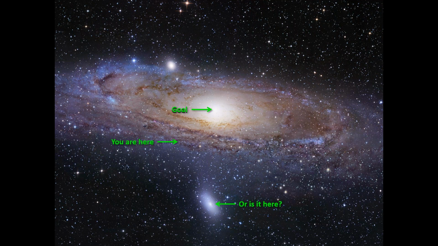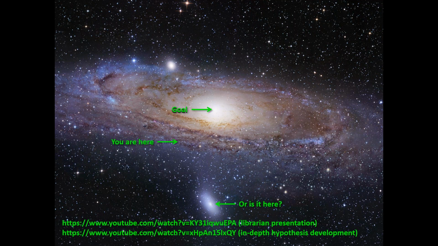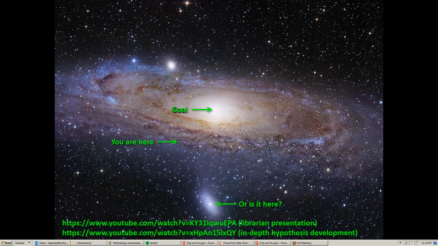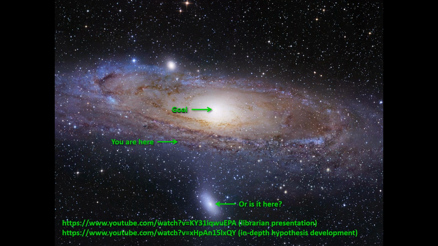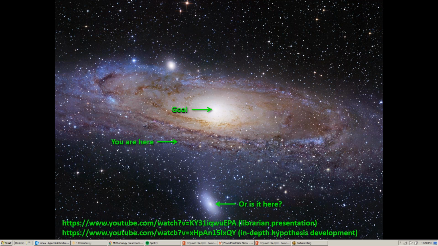Well, for those of you who've never done this before, there are a couple of links I want to share with you. These are previous presentations that have talked about how to go about finding literature and how to go from that process to then turning that into a hypothesis development process. So I'm just pasting these links in the chat box here so you don't have to feverishly try to write down a bunch of random letters and numbers.